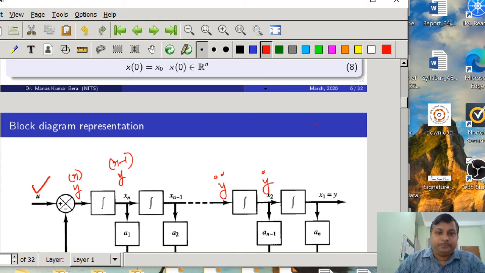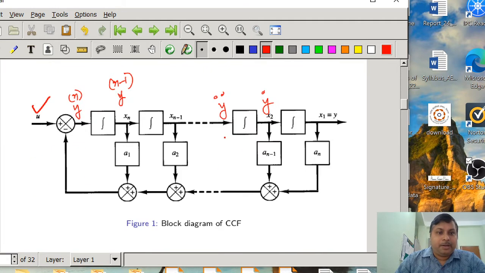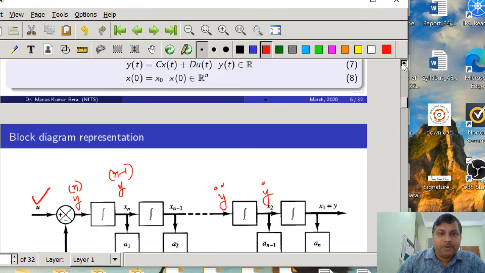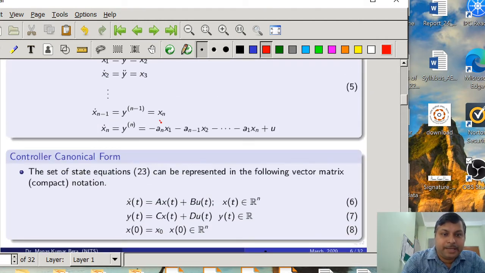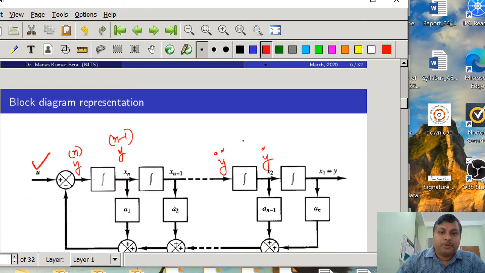This way we can find the block diagram representation, because if we want to implement the nth derivative of y, we require minus an x1, which is actually y, then minus an minus 1 x2, that is minus an minus 1 into y dot.